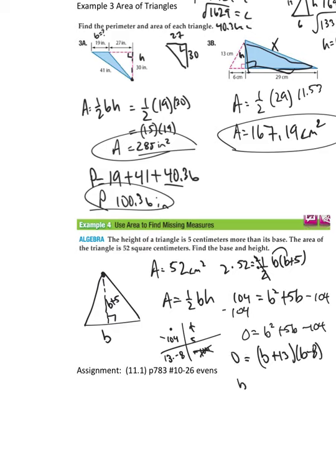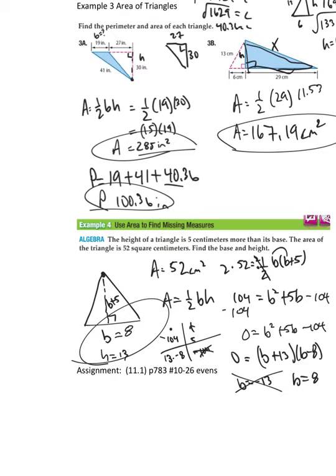Your solutions would be b equals negative 13 or b equals positive 8. If we're talking about measurements, guys, we know measurements can't be negative, so the base must be 8. The height must be 8 plus 5, 13. Okay? So a little bit of fun there, solving quadratics, guys.